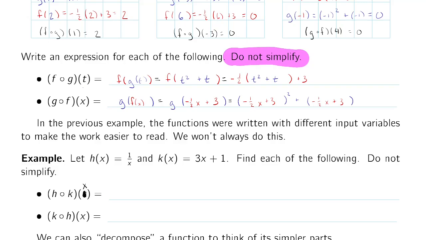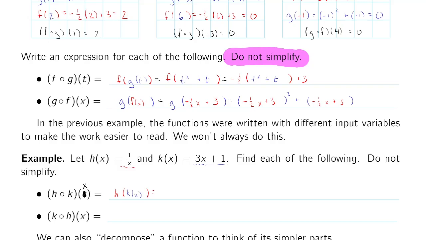So if we want to take h composed with k of x, so our h represents the function where we take 1 over our input. Our k represents the function where we take 3 times our input and add 1. So h composed with k of x, that means we'll take h and apply it to k of x.